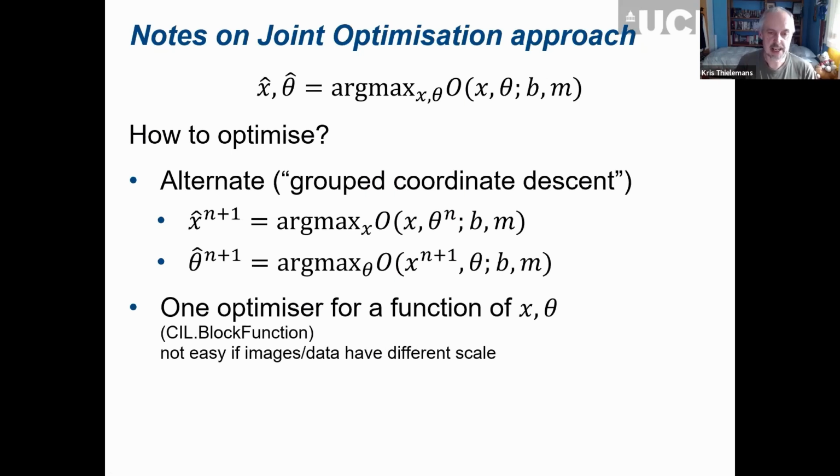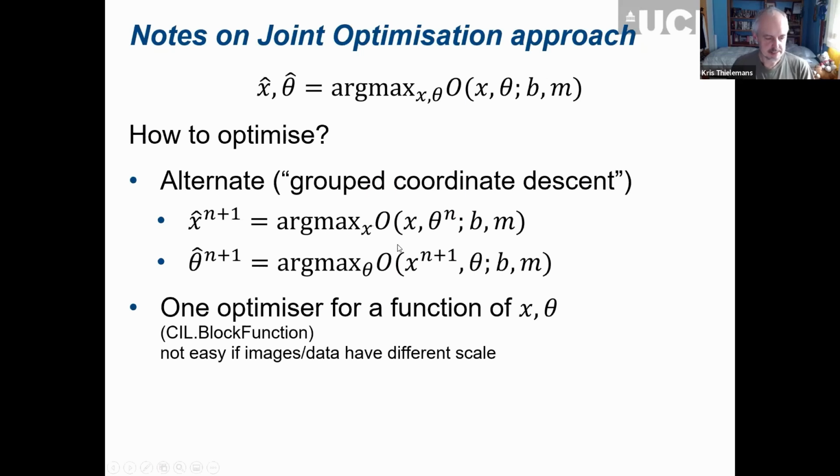The scale of a PET image is wildly different from MR, and in MR different sequences might have different scales as well. It's probably less of an issue with dual energy CT or things like that, but still it's not an easy problem, because you might have ill conditioning in the scales of the images. So often people do it alternating.